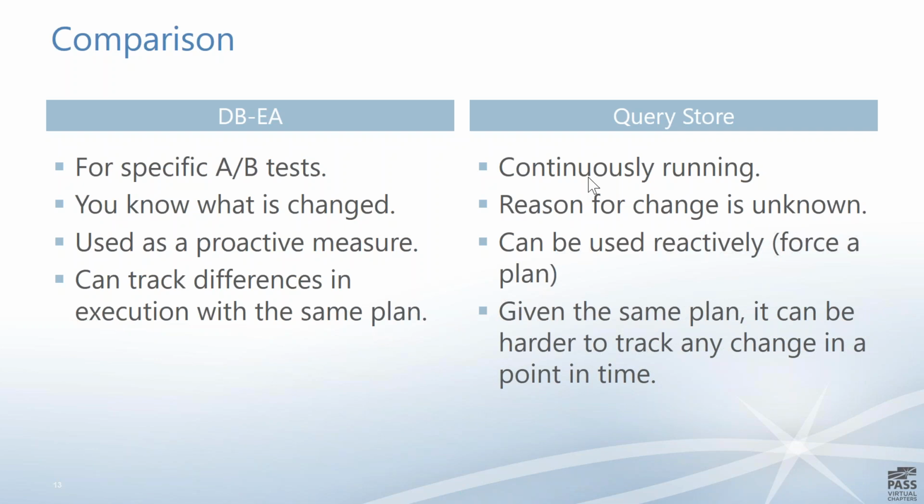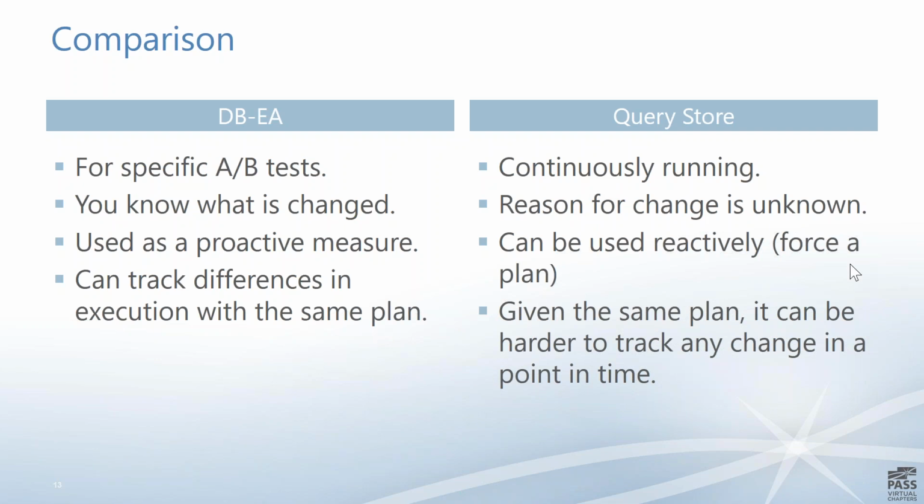I would suggest to use DBA as a proactive measure. So if you have any sort of big change happening, or you have any sort of upgrade coming up and you want to do your due diligence, then you would proactively go in and set it up, capture the workload, and so on, right? Query Store, on the other hand, is different.